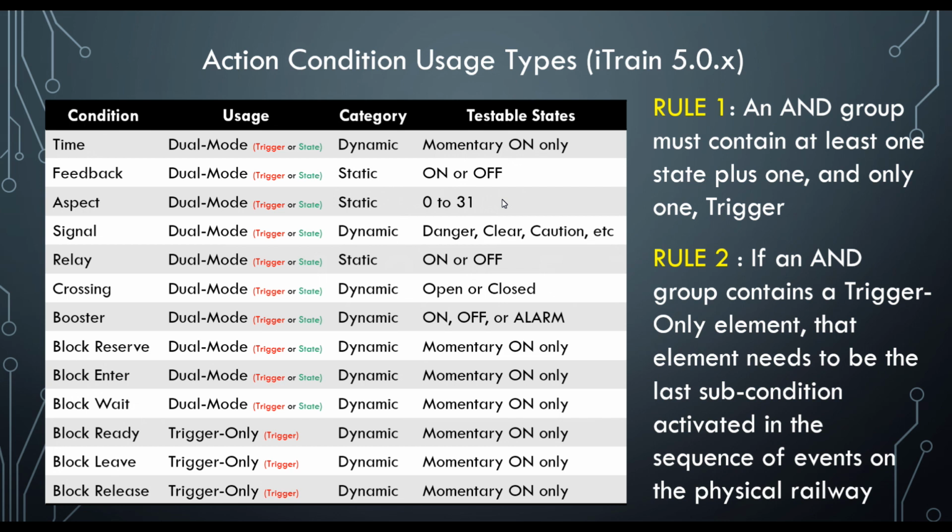Elements with an off reference state will reverse the logic that determines if an action will execute or not. And it also reverses the order in which trigger-only elements should occur on the physical layout.